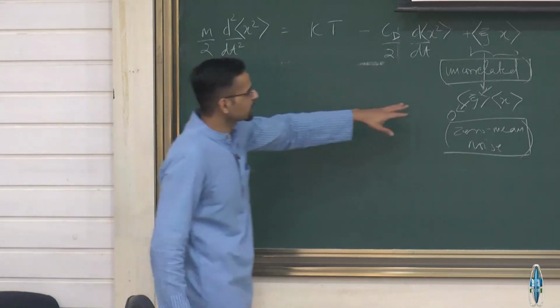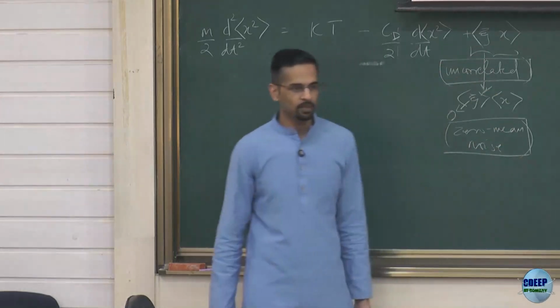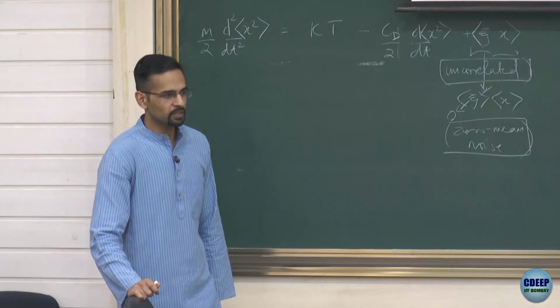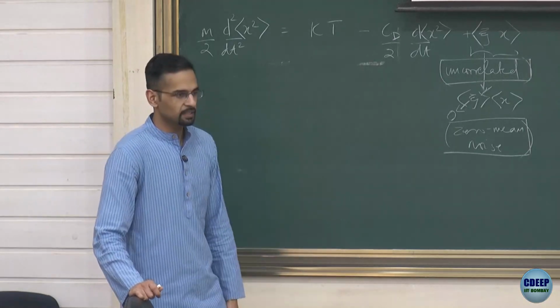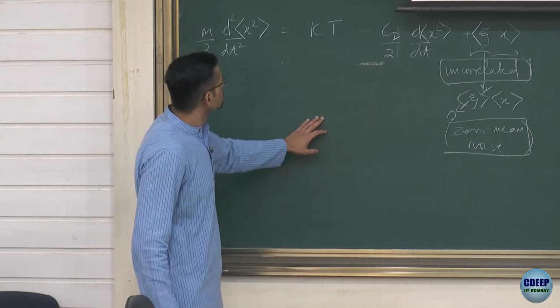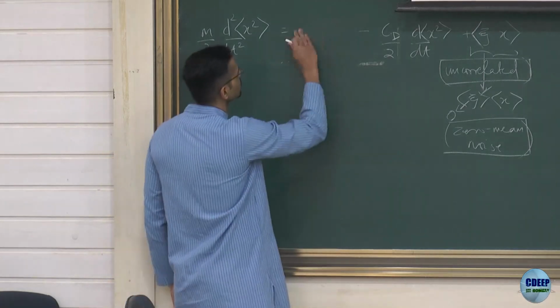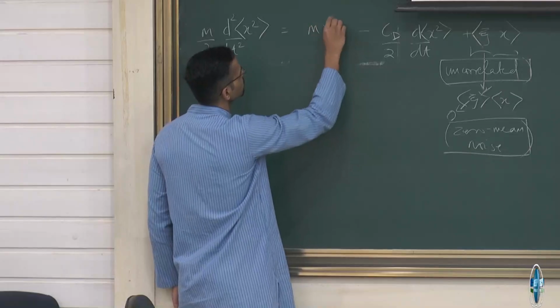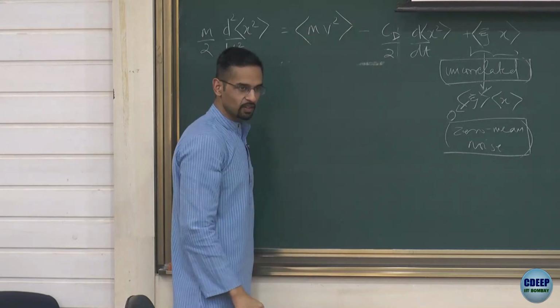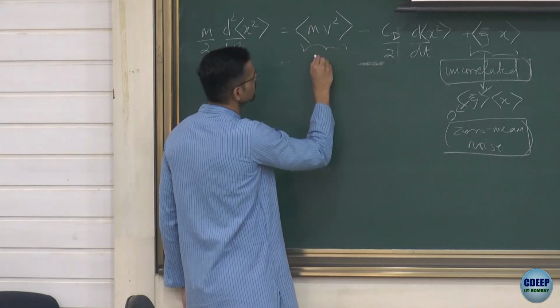So I've implicitly said that zeta has an amplitude such that the consequent mean velocity will give me kT. Okay. So I should be careful here. I had mv square, I should put the ensemble average on mv square, and then this is of course kT.